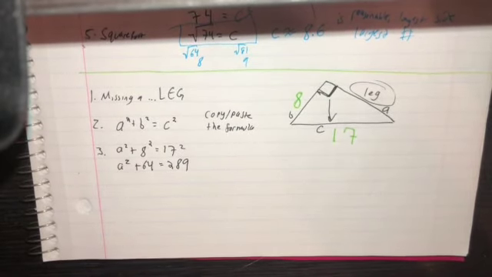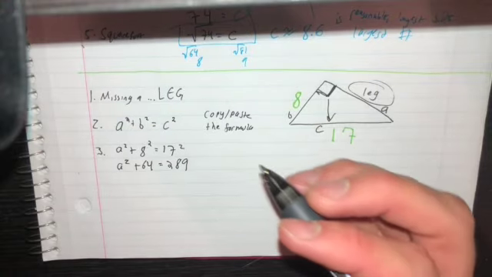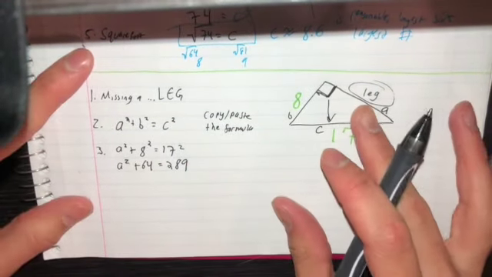If you're getting real good at that gravity game, you might know that off the top of your head. If you do, bonus points. If not, we'll get there. It's fine. So a squared plus 64 is 289. So I've squared my known numbers.